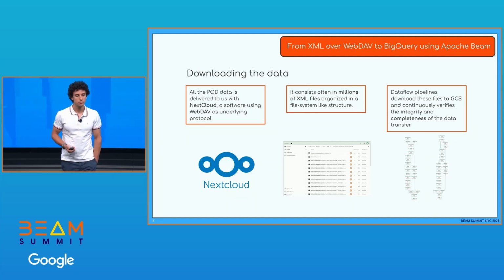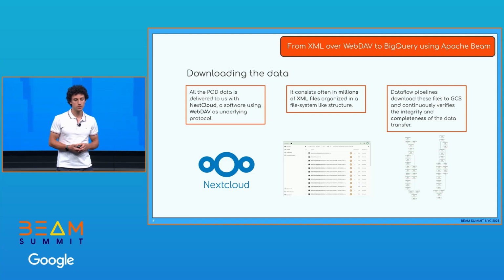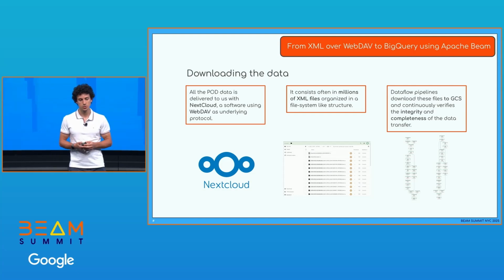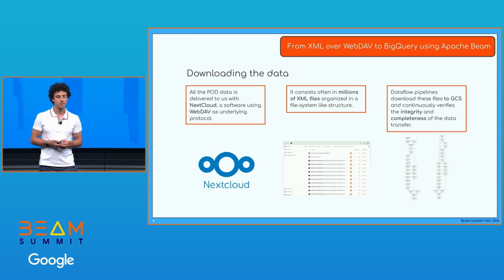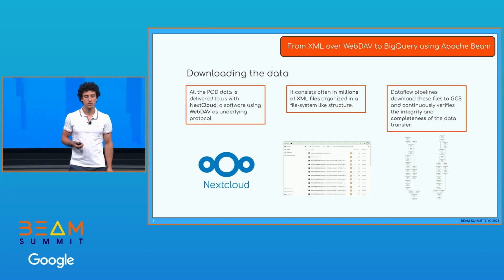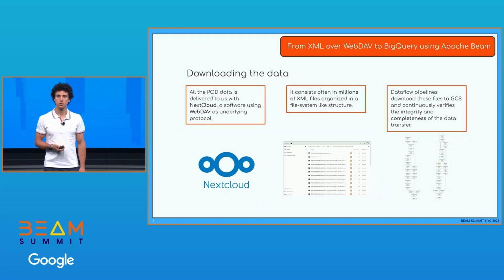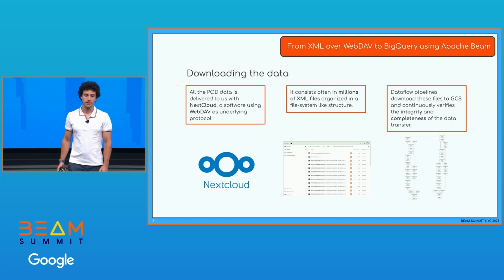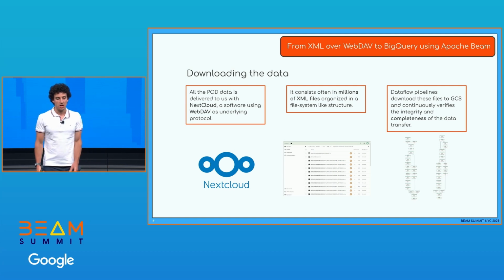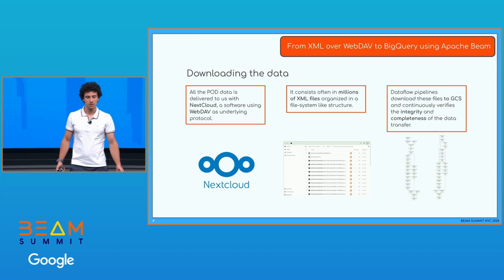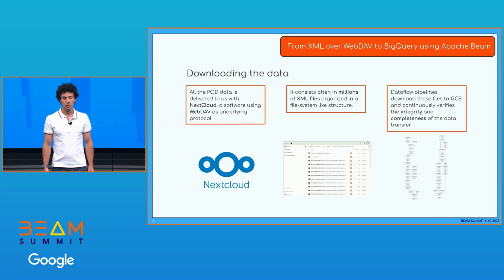For downloading the data, we use the WebDAV protocol, which is used to download the files from Nextcloud servers. That is what the Italian authority uses to store all the files. It is millions of XML files, organized in a file system-like structure.